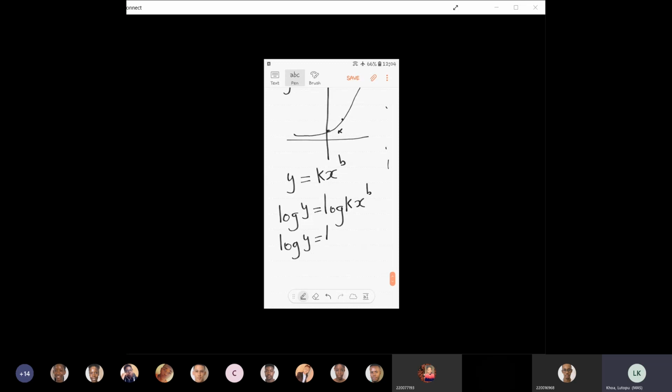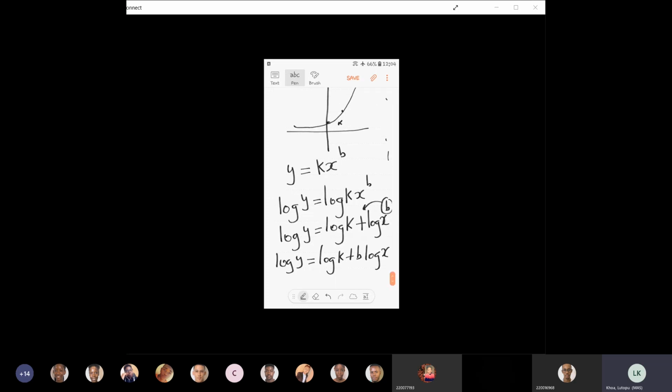This is log k plus b log x. Let me just do all the steps. This is log x to the power of b, then the b will come down. So I have log y equal to log k plus b log x.